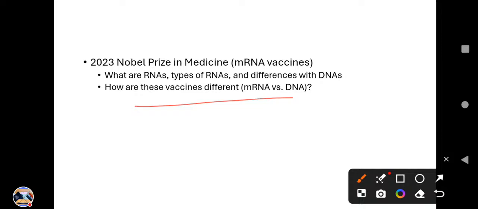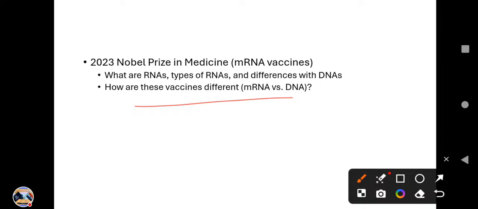You can answer this question: what types of vaccines were delivered during the COVID-19 pandemic, what vaccines was the government of India delivering to people, live or weakened viruses?